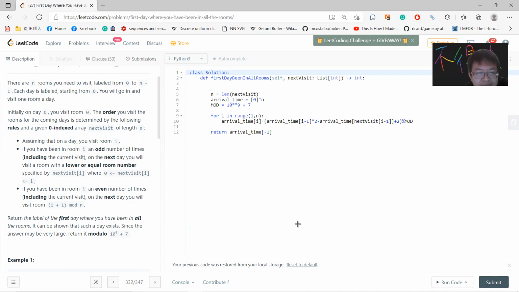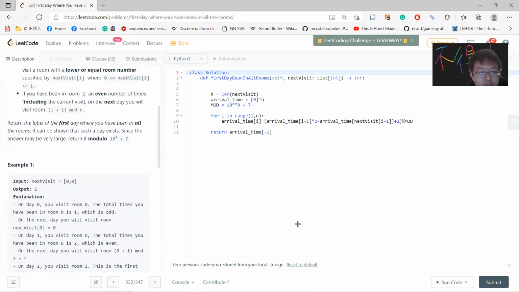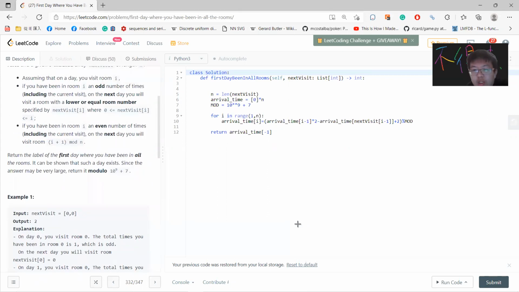So you need to return the first day that you have visited all rooms. By the second rule, you must go from left to right, so visiting all rooms is equivalent to visiting the final room.